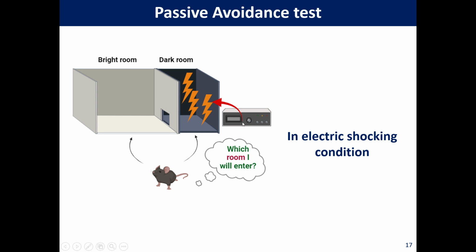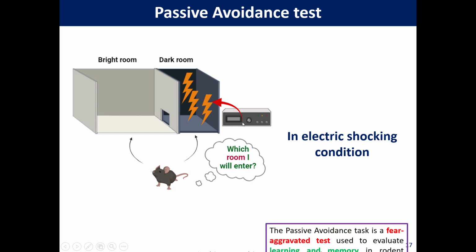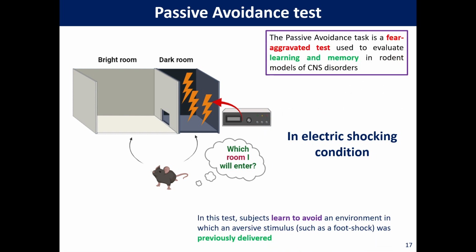Here they use this to make the passive avoidance test to evaluate learning and memory in rodent models. And here the mice will learn to avoid the shocking foot from the previous step. So if they remember that this room has the shock, they will move to the bright room even though they love the dark room. So this is the room they will enter next time.